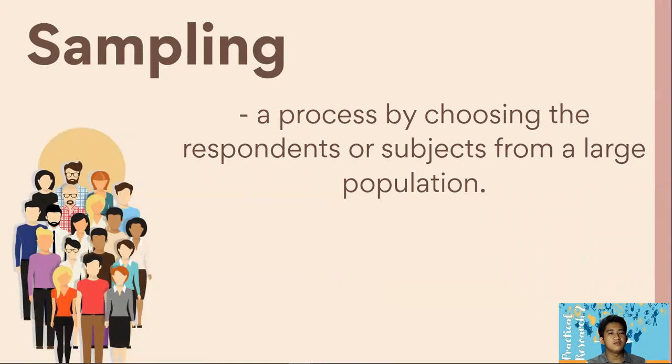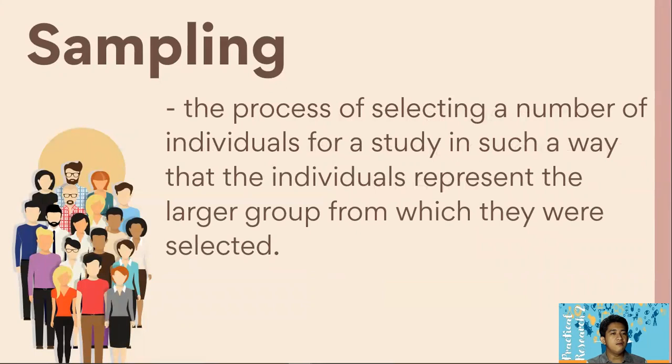We get sample sizes or samples to represent our population so that they will answer our survey questionnaires if we do survey research. Another definition of sampling is that it is the process of selecting a number of individuals for a study in such a way that the individuals represent the larger group from which they were selected.